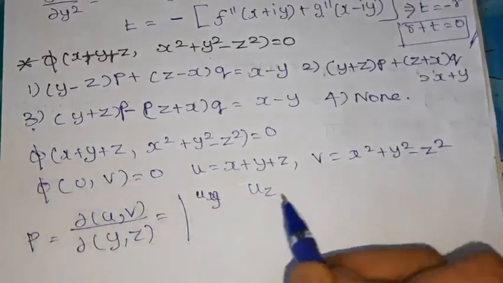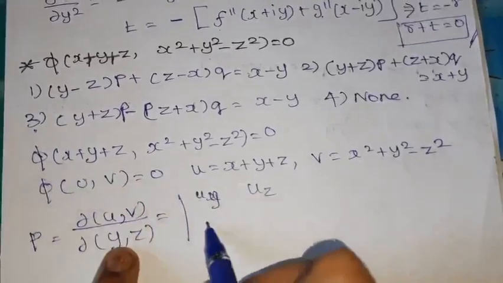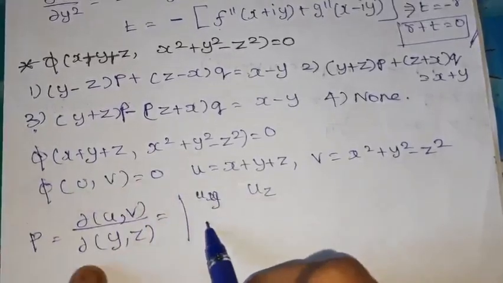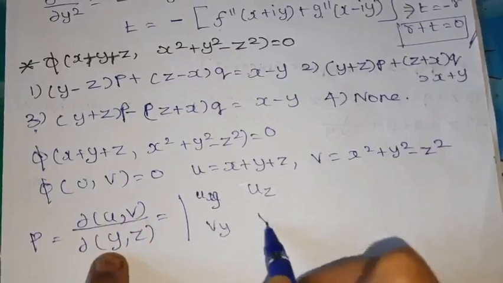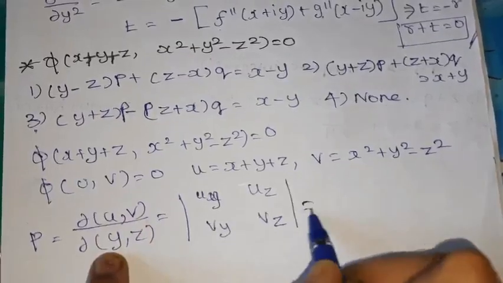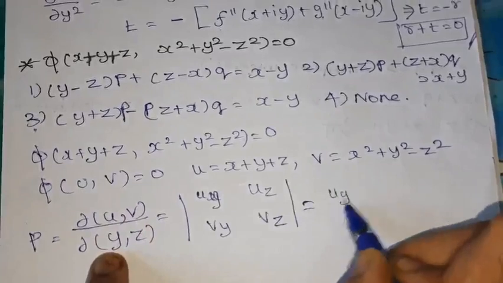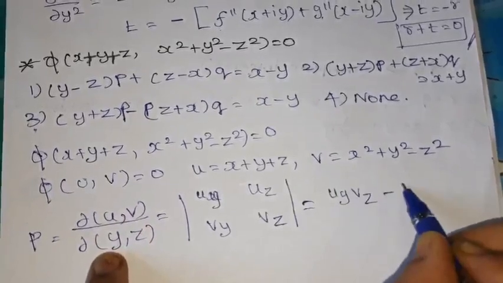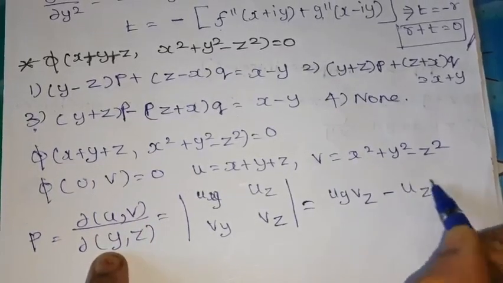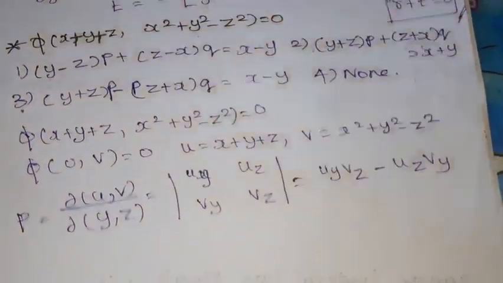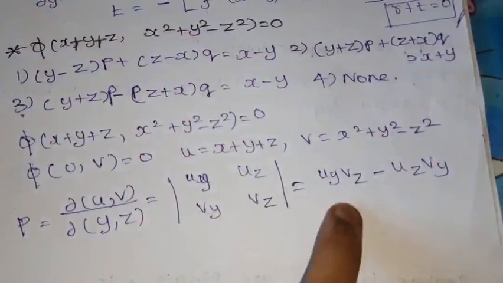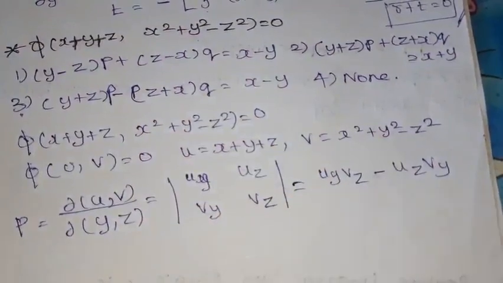I am writing it in matrix form: uy uz, vy vz. So it is equal to uy vz minus uz vy. We need to be very careful while writing this. Okay, uy vz minus uz vy.